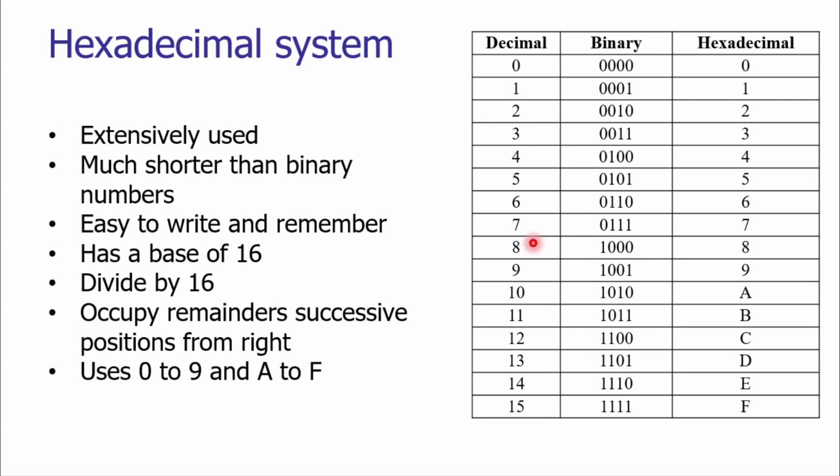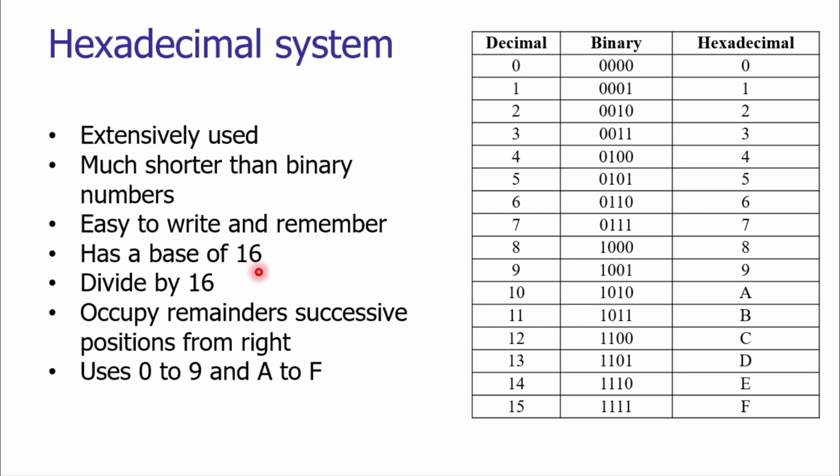So why have we taken only 15 decimal numbers over here? These numbers may be the remainders during the division process. Division of what? We are dividing the decimal number by the hexadecimal base, that is 16.